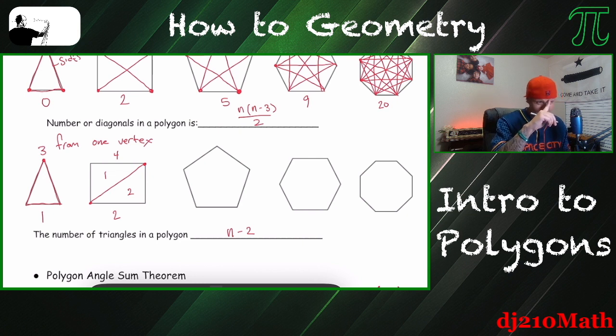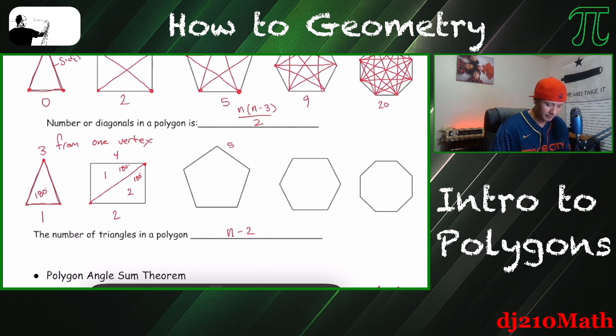So why is this important? Because in a triangle, we know that the degrees add up to 180. And the idea is that in a 4-sided shape, because I can split it into 2 triangles, this would be 180 plus 180 degrees, so technically 360. So a 4-sided shape will add up to 360 degrees.